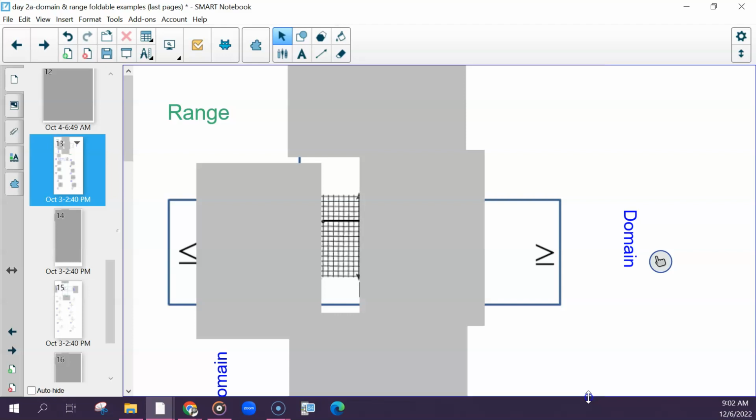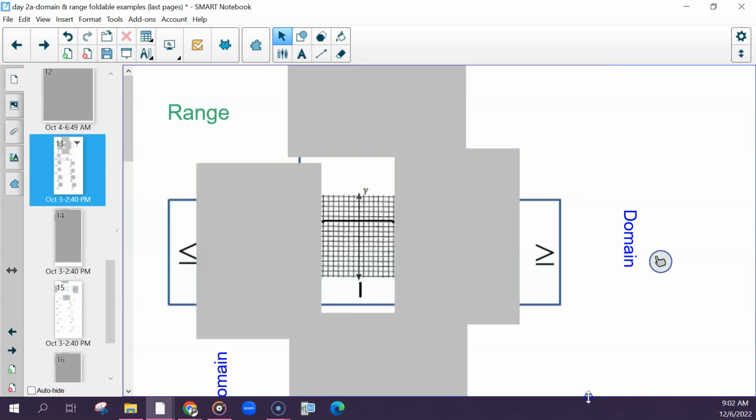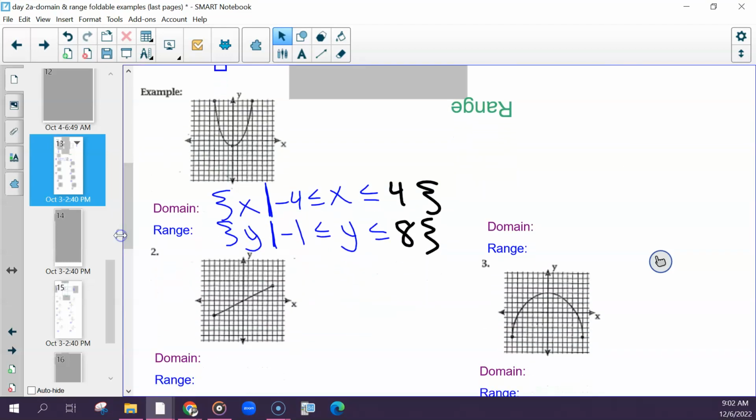How far to the left does this go? Emma? I believe that is what it was. So it's going to start off the exact same way.